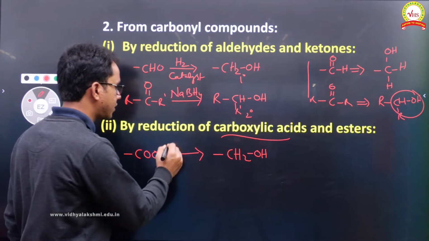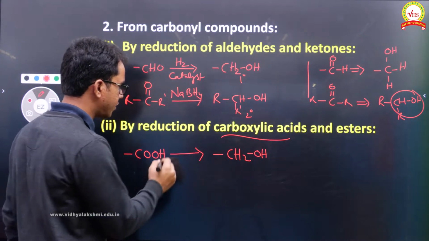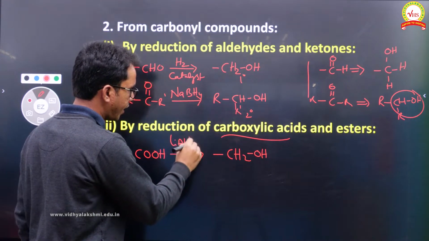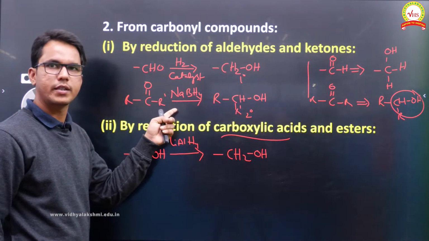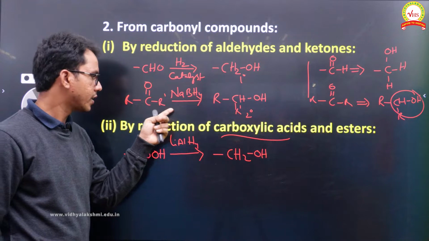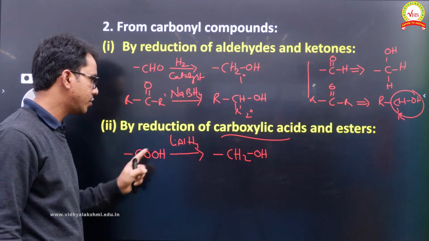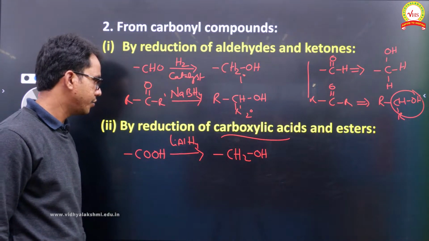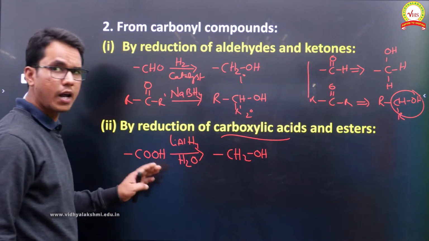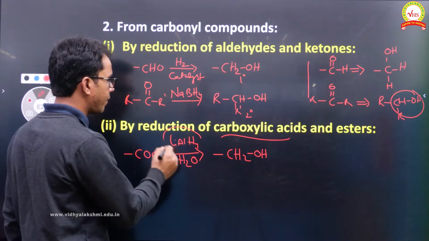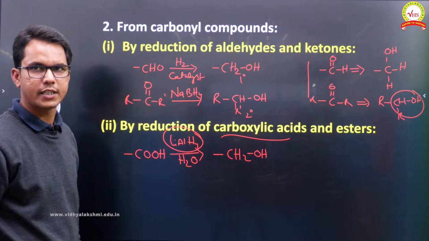For this, we use a strong reducing agent known as lithium aluminum hydride, followed by hydrolysis, to give alcohols. Sodium borohydride is a mild reducing agent and cannot be used for the conversion of acid to alcohol. Sometimes lithium aluminum hydride becomes an expensive one.